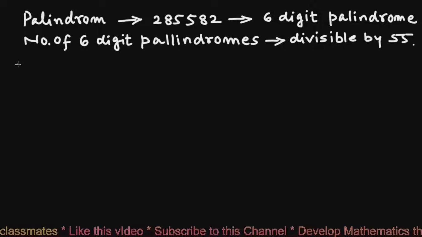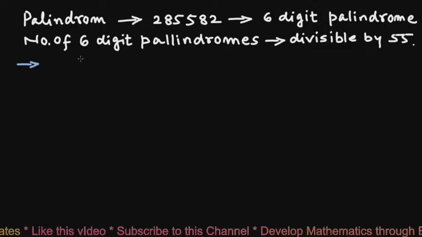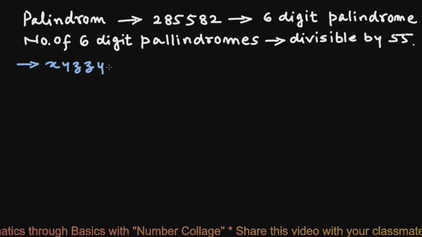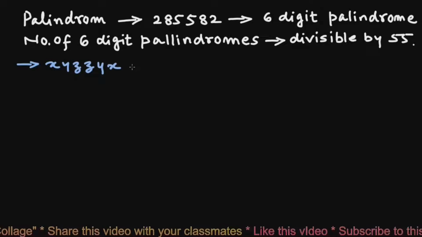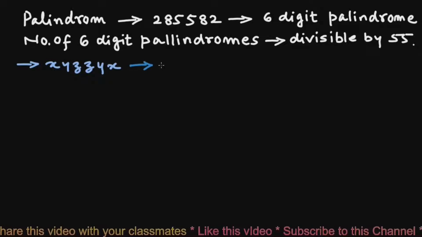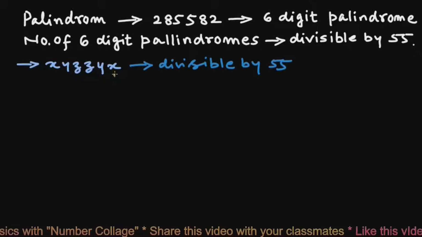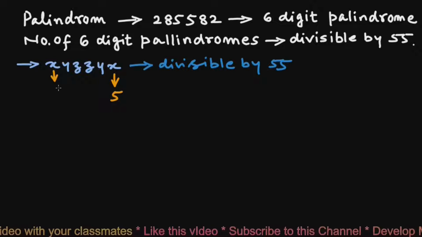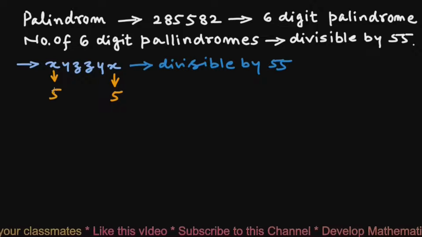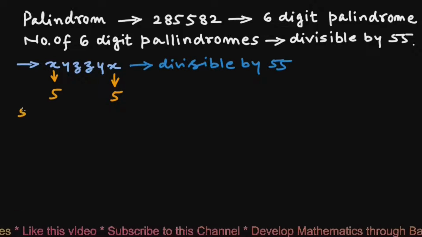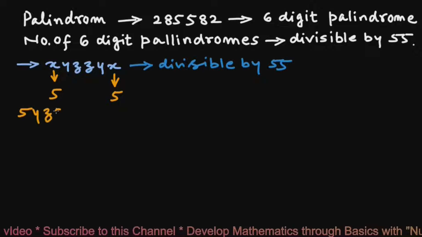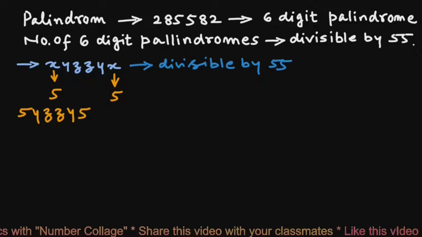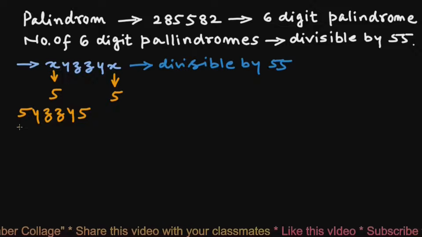Let the 6-digit palindrome be XYZZYX. Since this is to be divisible by 55, the digit in the units place must be 5, which follows that X is also 5. Therefore, 5YZZY5 is the required 6-digit palindrome.